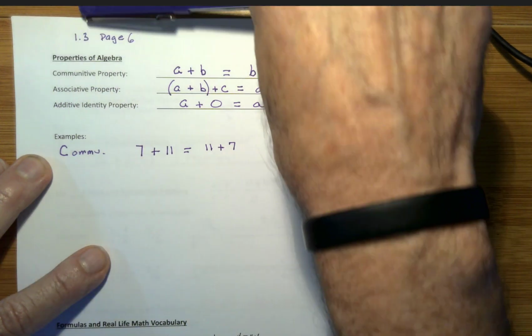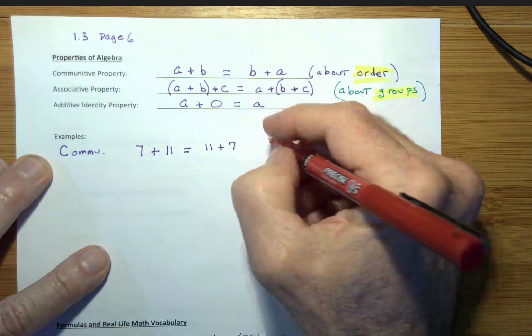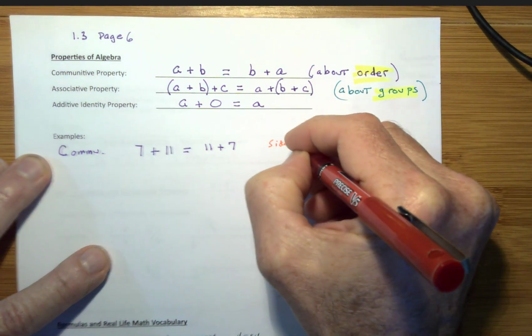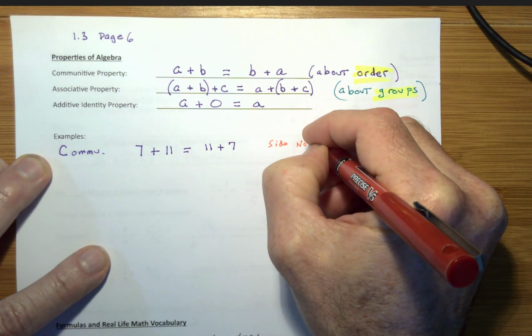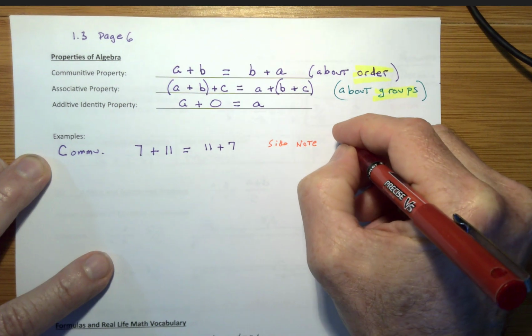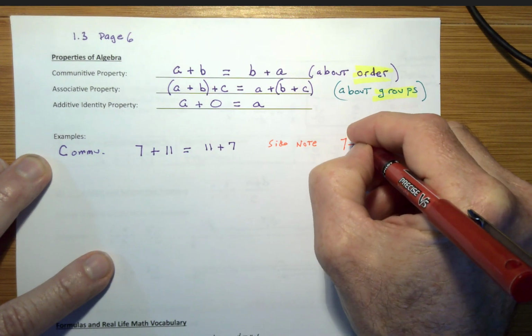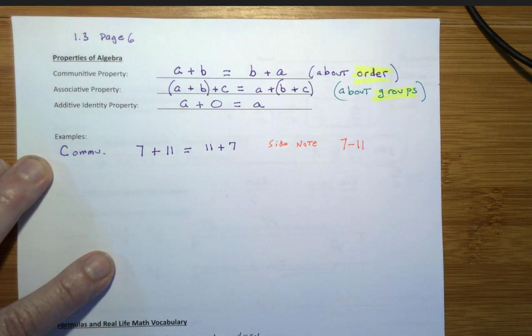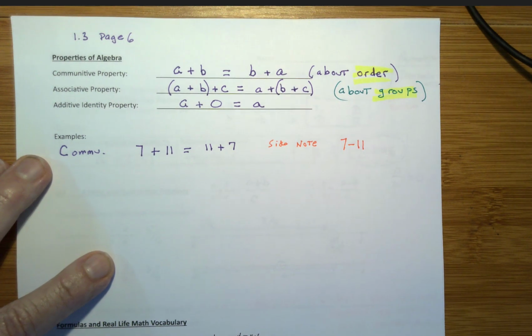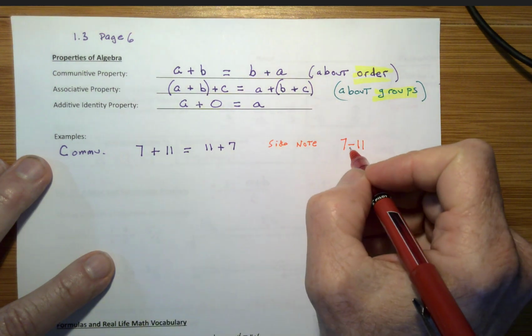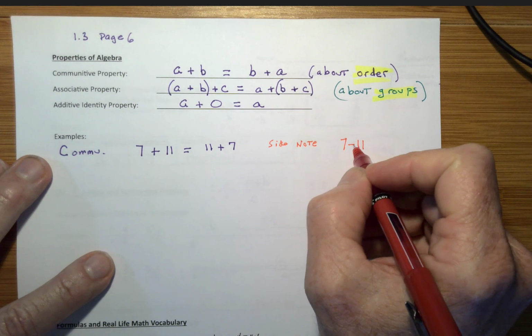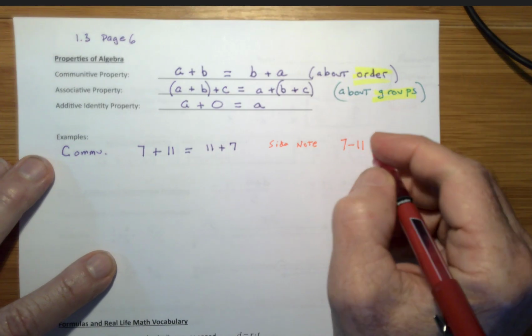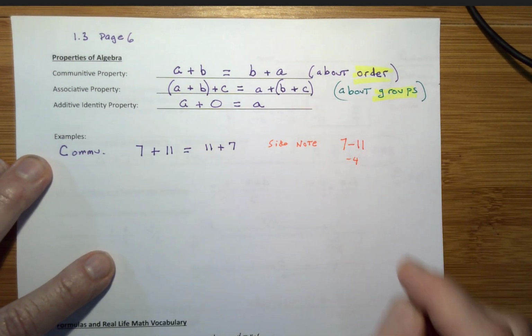Now, just a little side note here. 7 minus 11. If we do 7 minus 11, and maybe we change that to adding 7 plus negative 11, we're going to get negative 4.